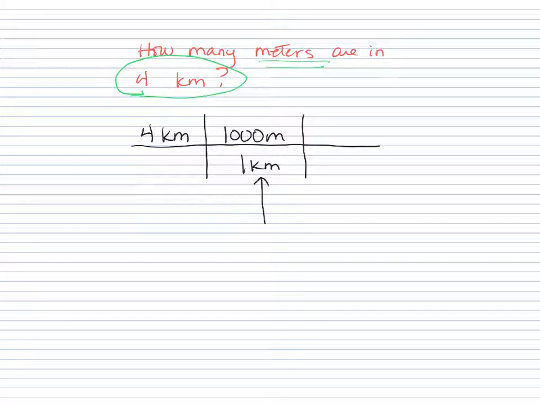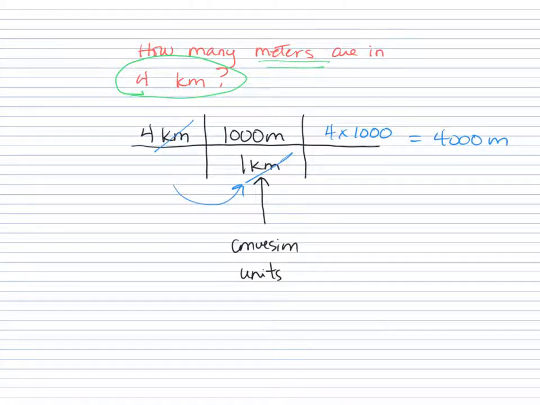So what I'm putting here is the conversion units that we know from the table that we just saw. And what happens when you multiply across is these kilometers are going to cancel, and I get 4 times 1,000 equals 4,000 meters. So that's an easy way to do it. Think about how many meters are there in a kilometer, and I can multiply them together. So there's 1,000 meters in 1 kilometer, so there's going to be 4,000 meters in 4 kilometers.